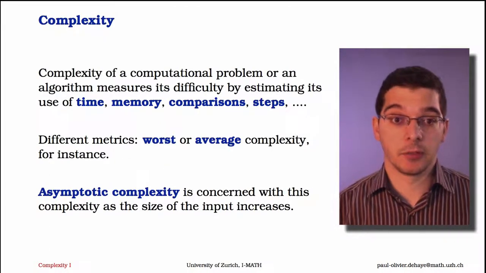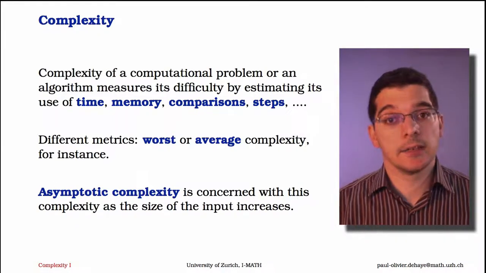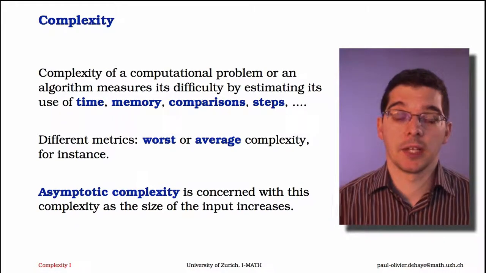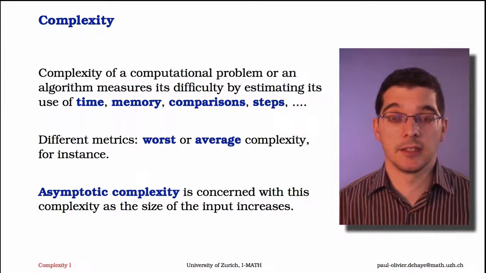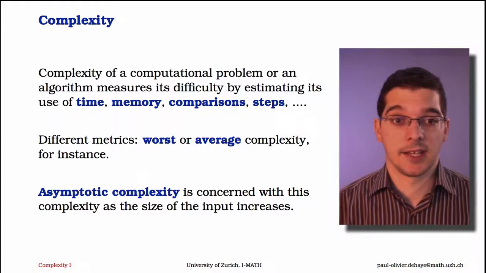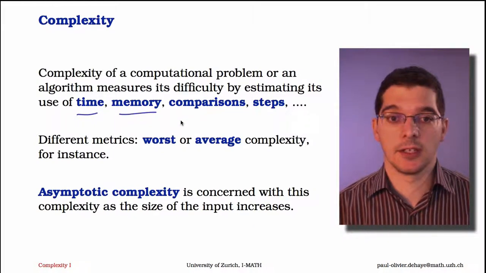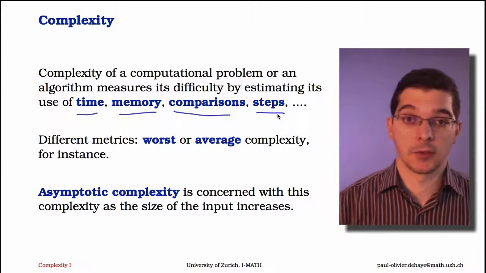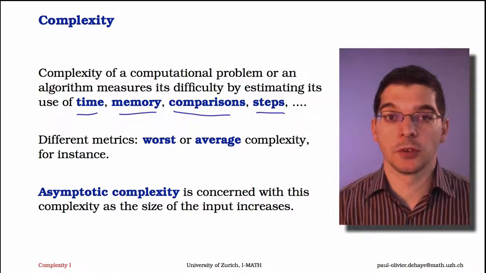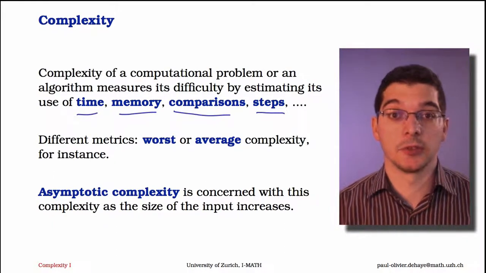The complexity of a computational problem or an algorithm measures its difficulty, and in many different dimensions. You can evaluate this complexity in many different aspects. For instance, time, memory, the number of comparisons that are needed, the number of steps that the CPU is required to perform, etc. In general, you want to measure efficiency with respect to something that's limiting the execution of your algorithm.